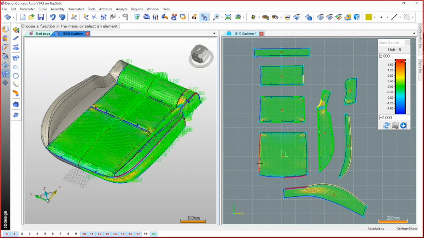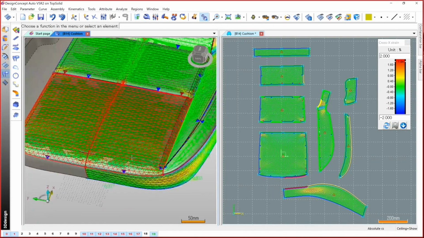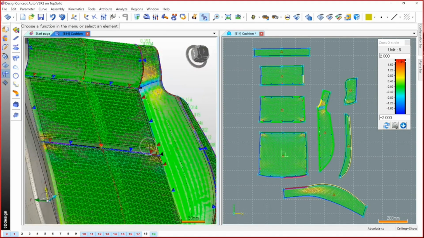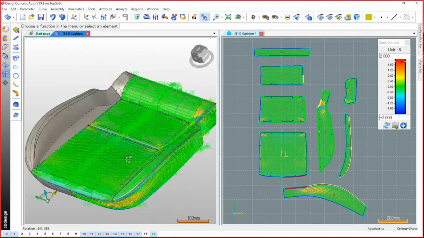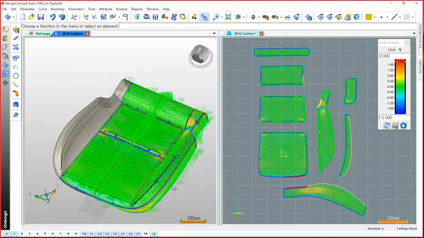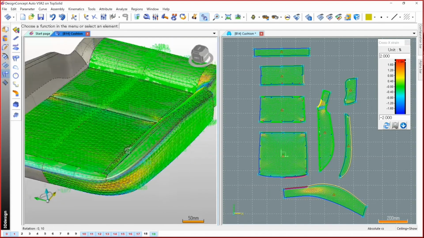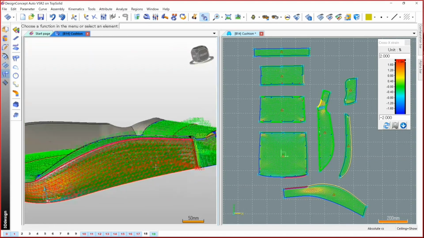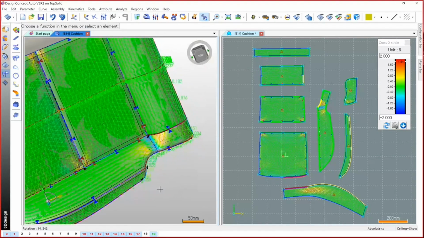You see, this is the very preliminary tension analysis. But this tension analysis does not consider the cushion or fabric characteristics, how it can be stretched or how it can shrink.